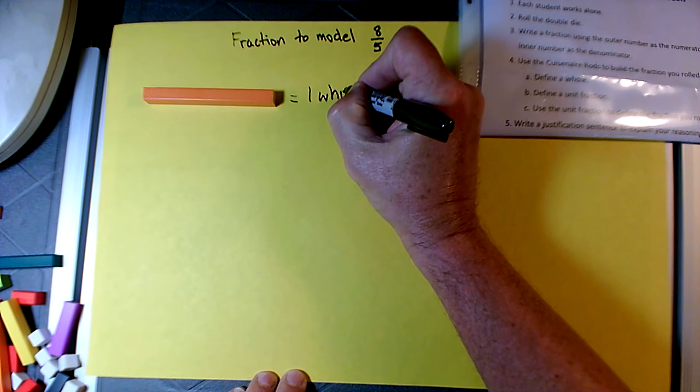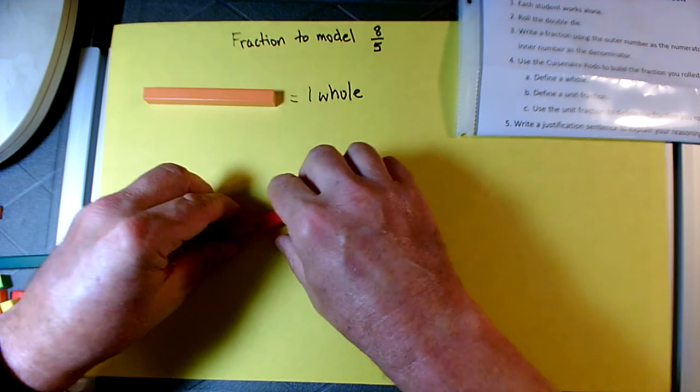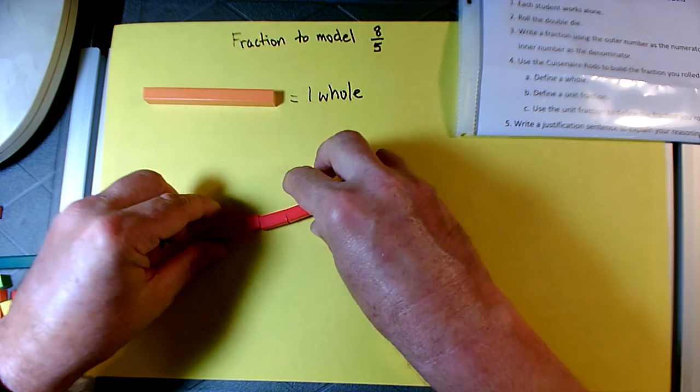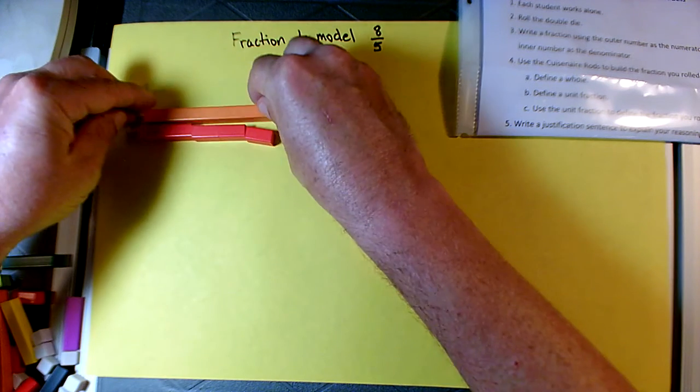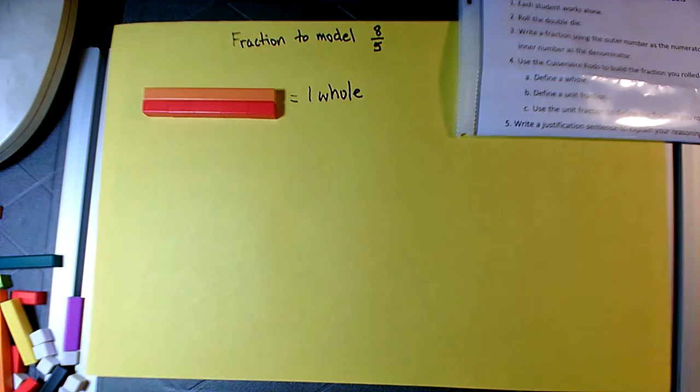So the first thing I have to do is define the whole. Now you might be asking yourself, why did I choose the orange block? The reason is because I happen to know that 5 red blocks are equivalent to an orange block.